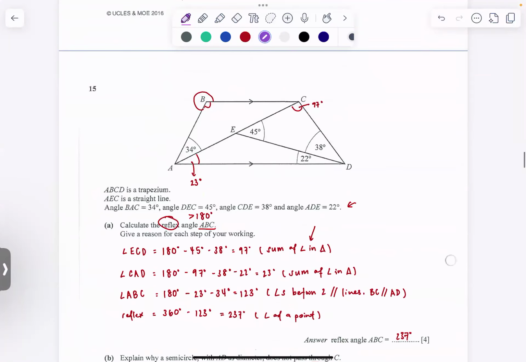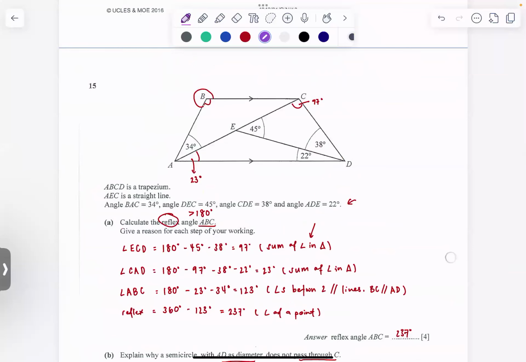It's going to look very, very messy, but let's just try, okay? Imagine you have a very big semicircle like that. Does not pass through C.